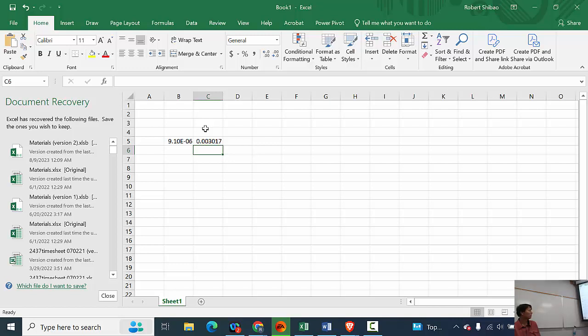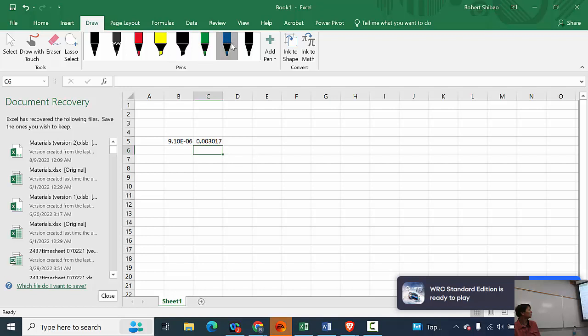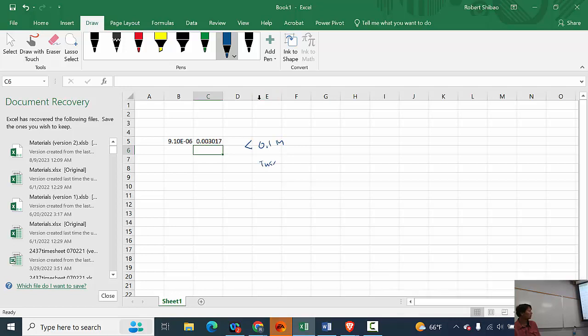Anyway, it's small. This is less than 0.1 molar, and therefore it's insoluble. How insoluble is it? Well, it isn't 100% insoluble. Some will dissolve, and so we just call it insoluble because how much will dissolve?